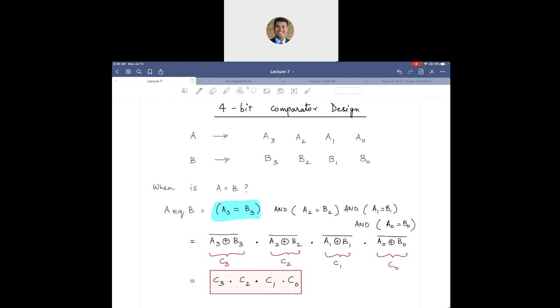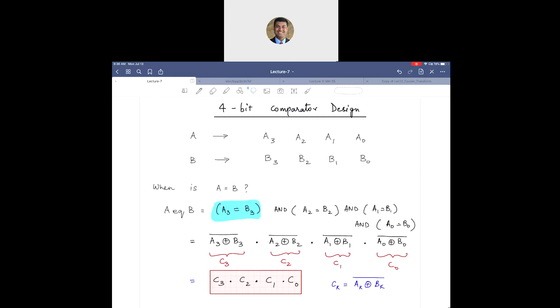I'm just defining, let's do it in blue, CK as AK exclusive NOR BK. So that's what I'm doing here.